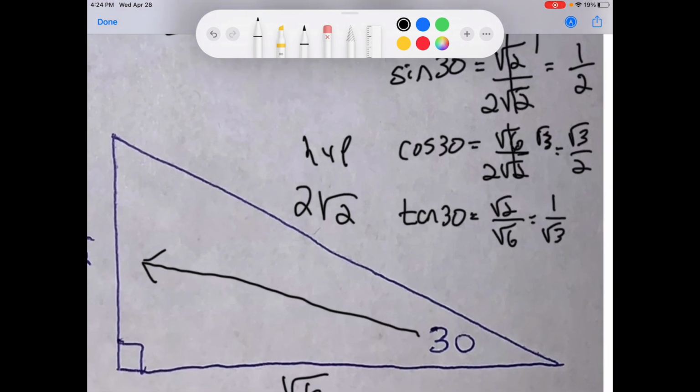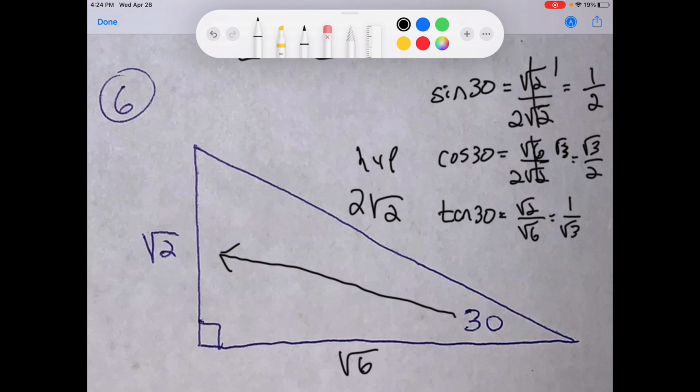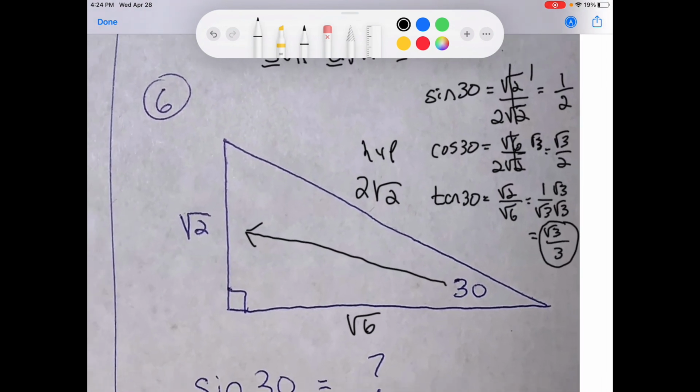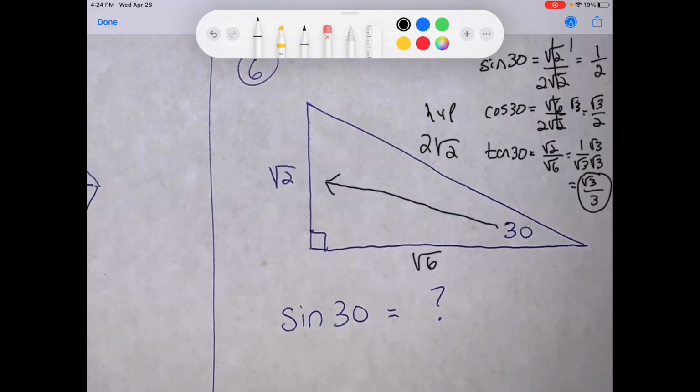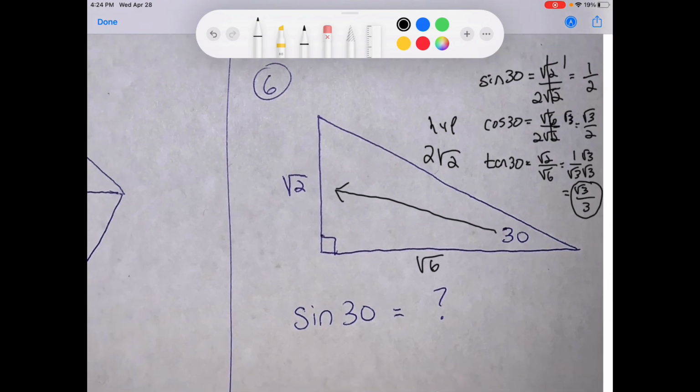But I don't want to leave a root on the bottom, so we'll do root 3, root 3. Multiplying those, we get 1 times root 3 is root 3 over root 3 times root 3 is 3. So tangent 30 is root 3 over 3. You will have a question like that on the test where you got to find 3 trig functions and simplify the roots.